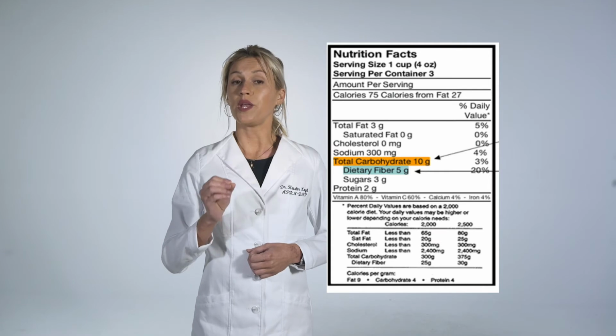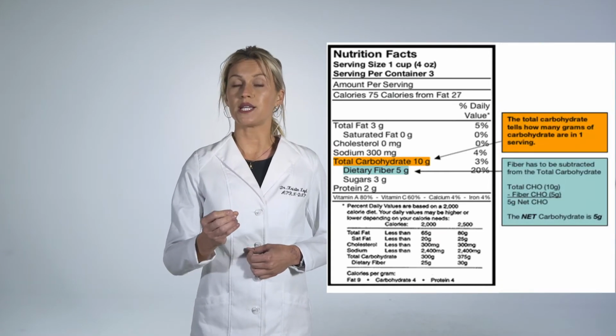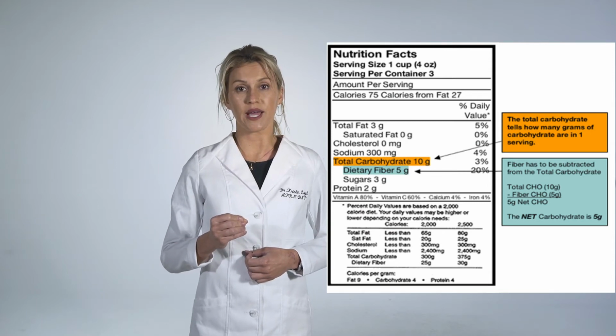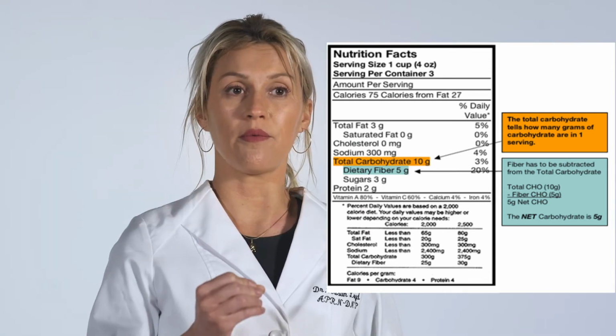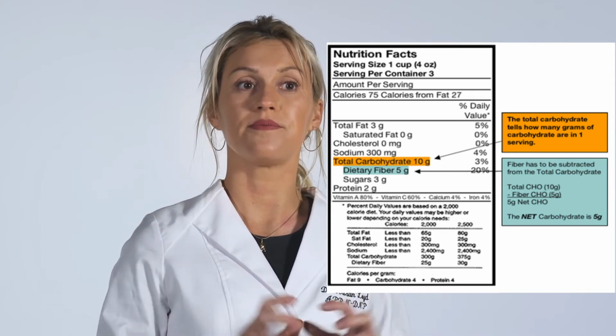Thus, when you count carbohydrates of a certain food item, you must subtract fiber from that total carbohydrate count, and that is called your net carbohydrate. As mentioned in the last video, there are two types of foods: foods with labels and foods without labels. You will need to count your fiber content for both.